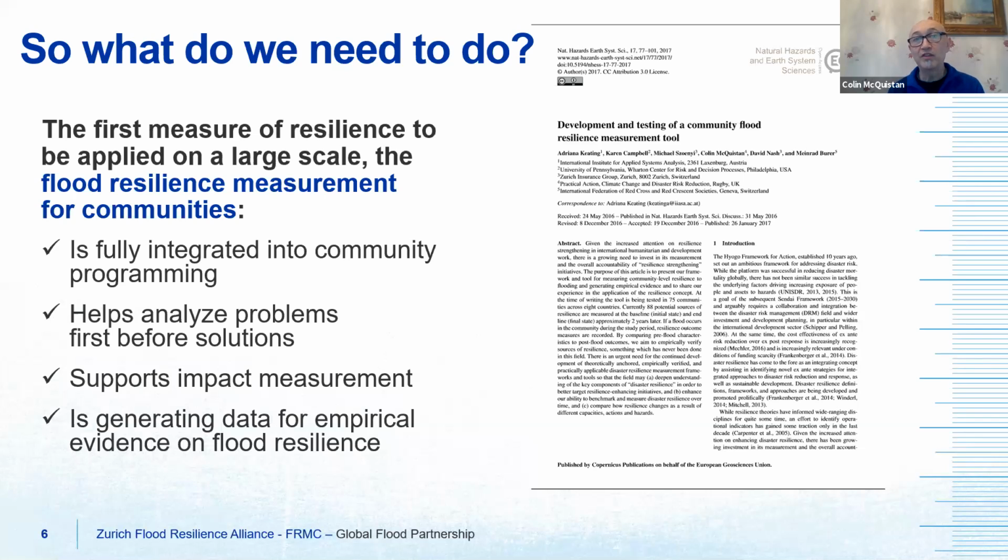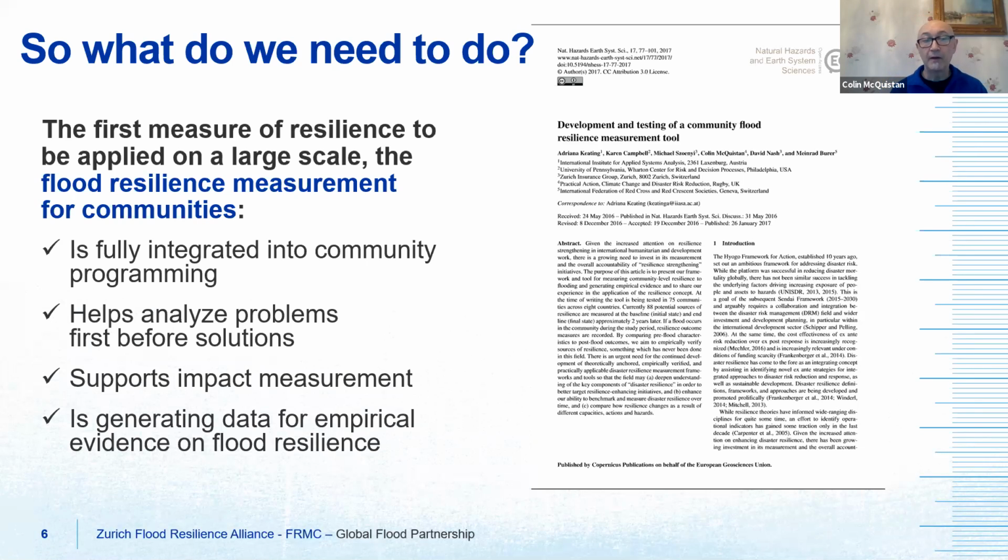We also, with our research partners, recognised that we wanted something that really helps to analyse the challenges that those communities are facing, and something that would then support impact assessment, and also, are we delivering the outcomes that we really wanted to deliver?